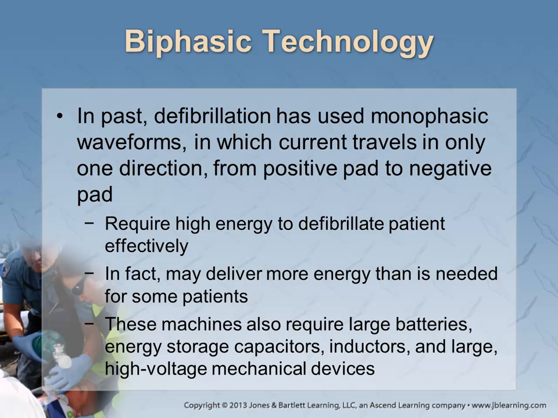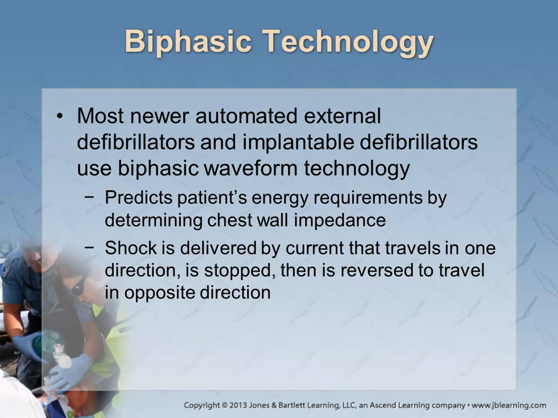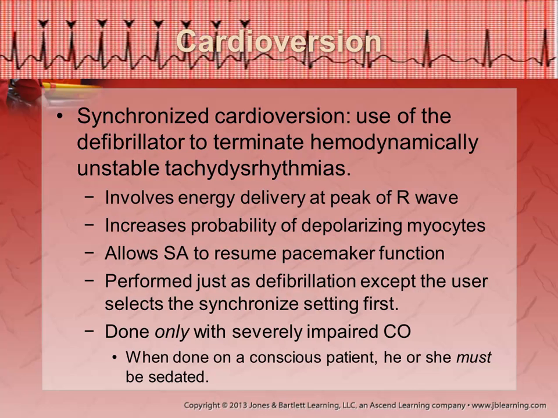They also require large batteries, and they're just very hard to maintain. So most of your new things are biphasic. It goes and comes back, all right? So therefore, you're getting a double dose of electricity, and you're not having to send so much electricity through the heart, all right? Synchronized cardioversion.